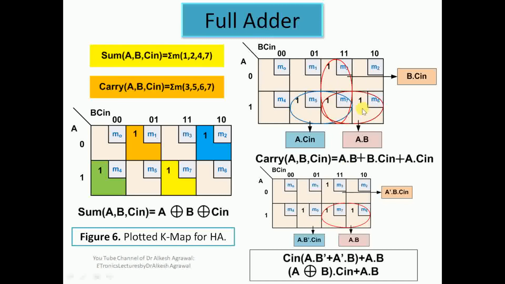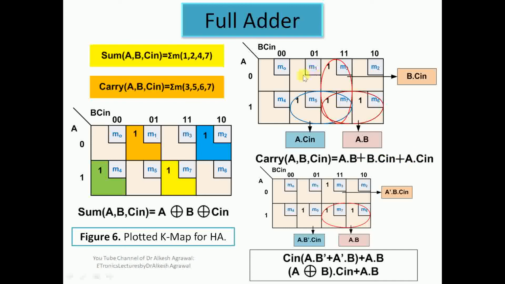From these groups when we reduce, we get B and C in, A and C in, and A and B. So what we get is a very simple expression: A and B, or B and C in, or A and C in.